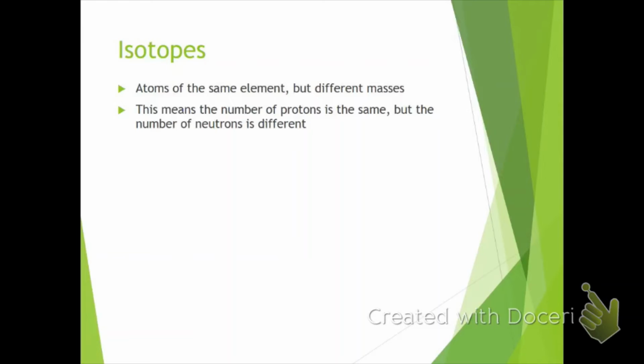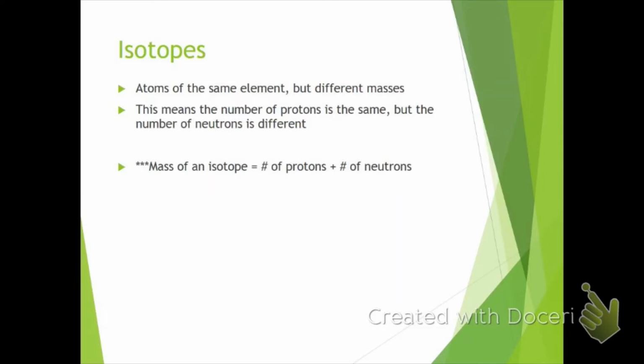If it's the same element, it must have the same number of protons, but it has different masses. It has different masses due to a different number of neutrons, those neutral particles inside the atom in the nucleus.